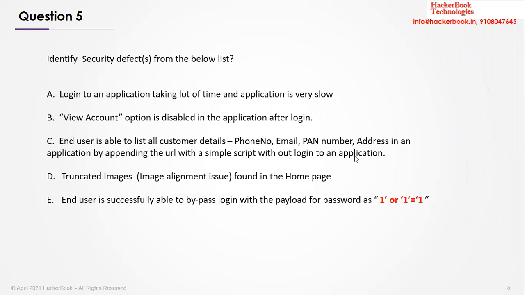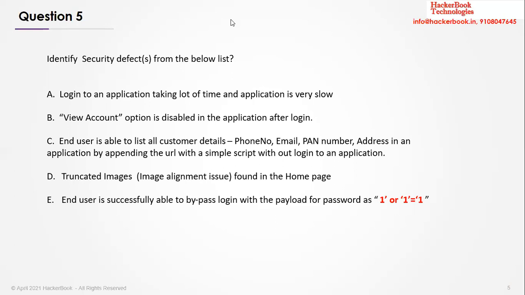D, truncated images, image alignment issues found in the home page. Option E, end user is successfully able to bypass login with the payload for password as 1 or 1 is equals to 1.